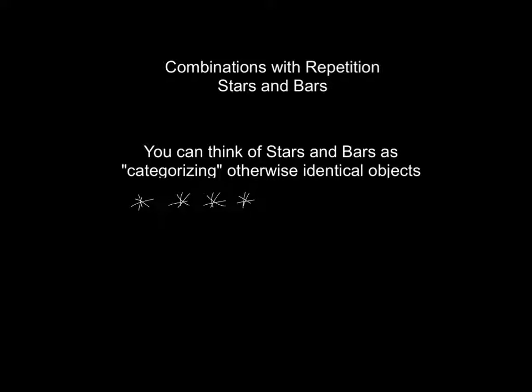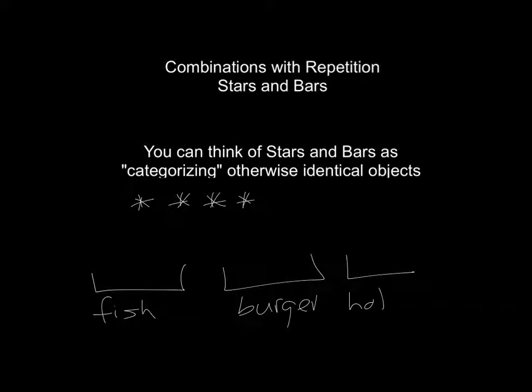And then you're sorting these into these categories. So it could be like the fish, the burger, the hot dog, or the taco. Then essentially you're going to take each of these stars and drop them into one of these categories.